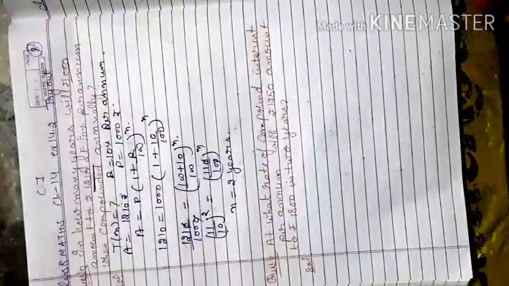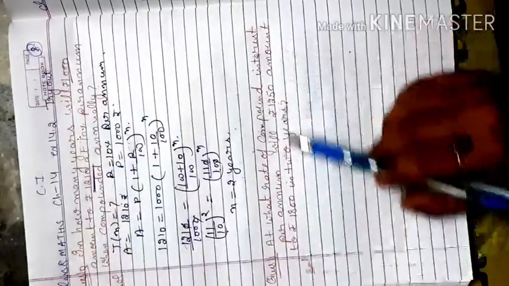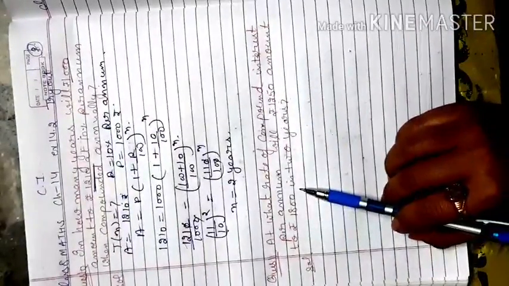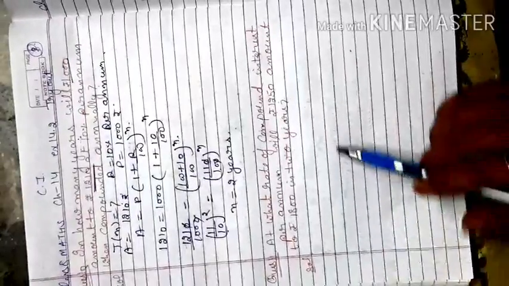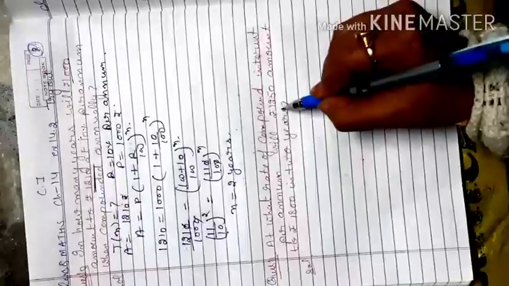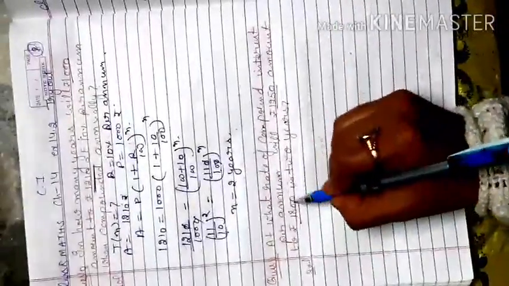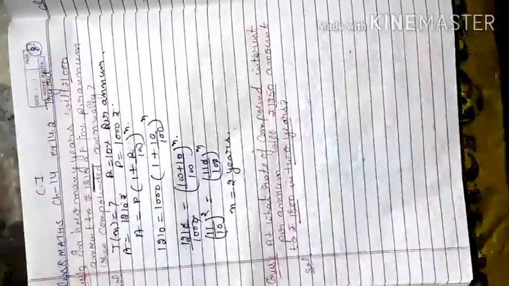Next is: at what rate of compound interest per annum will rupees 1250 amount to rupees 1800 in 2 years? Now time is given, you have to find the rate. This is your amount, this is your principal, and 2 years time is given to you.